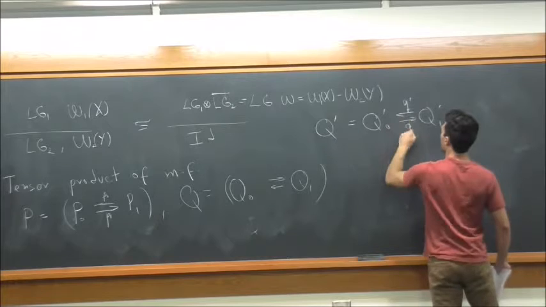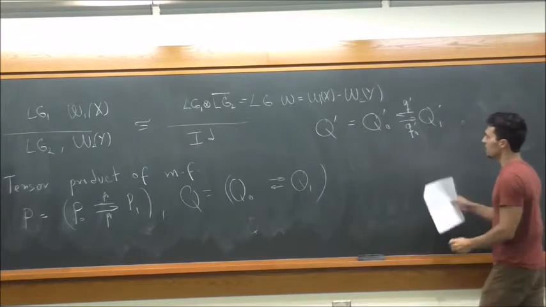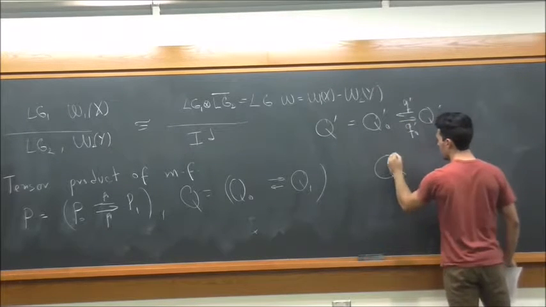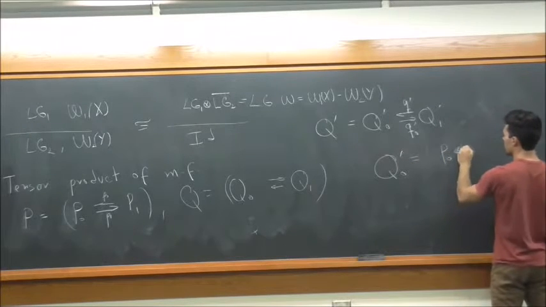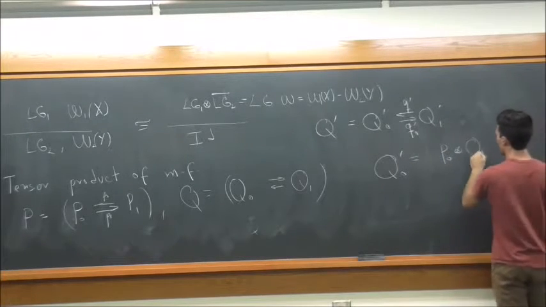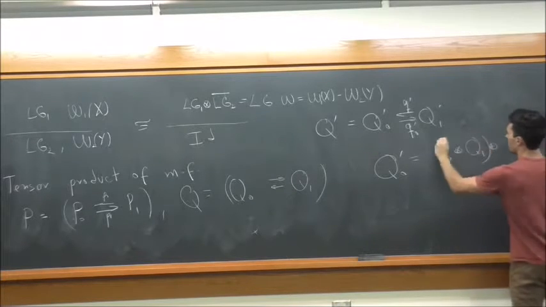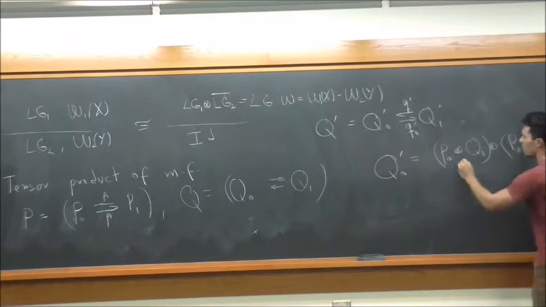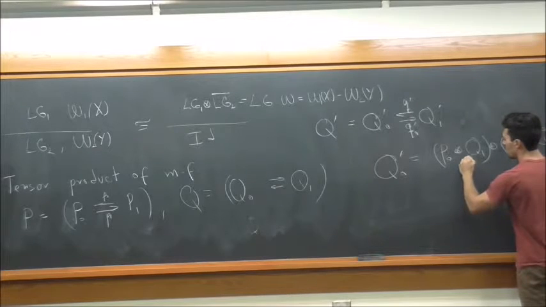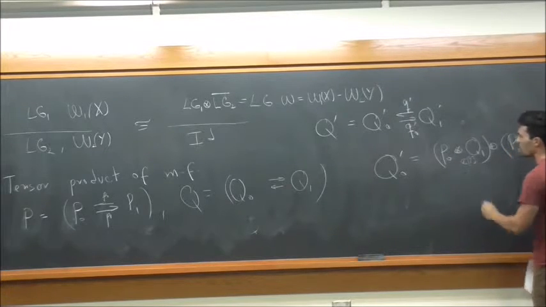For example, Q0 prime looks like P0 tensor Q1 direct sum P1 tensor Q0, where the tensors are taken over the polynomials in the chiral fields that live in the middle theory.